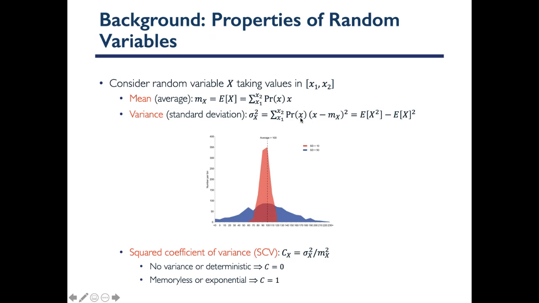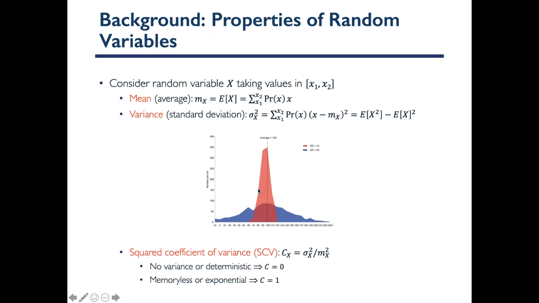And if you just do the math, this whole formula will turn out to be the expected value of x squared minus the expected value of x, squared. So these two are different, right? This is the expected value of the power 2 of your random variable minus the average of your random variable to the power of 2. And this sort of shows you what variance is.